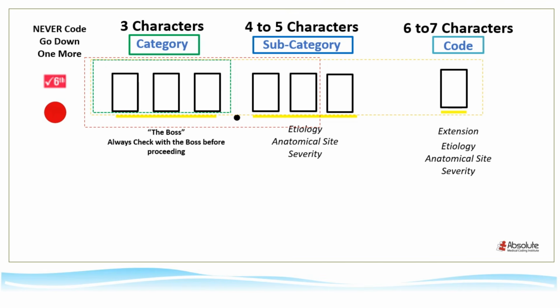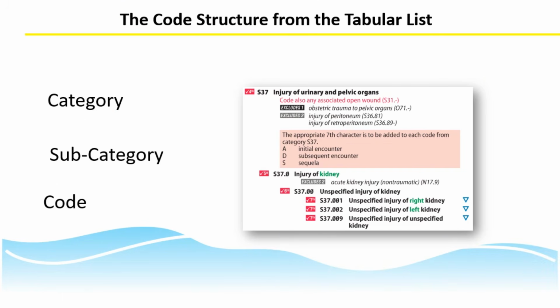Now, let's take a look at a code. All right, very quickly, we want to take a look at our category, subcategory, and our codes from the perspective of the tabular list. Let's look first at the category code, aka the boss. It's 3 characters long, and if you read to the right, it says injury of urinary and pelvic organs. This is a very general code.